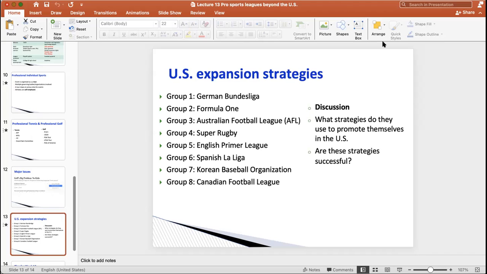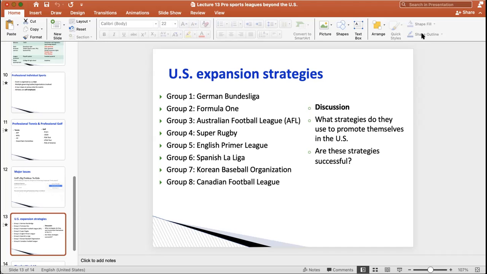All these professional sports teams, either in Europe or individual sports, are trying to do one thing: expand their market to the US and attract more audience here. They're using very different strategies. So the next topic is for you to talk together and come up with a strategy to promote those sports in the US.